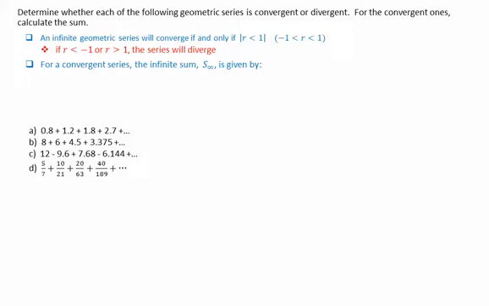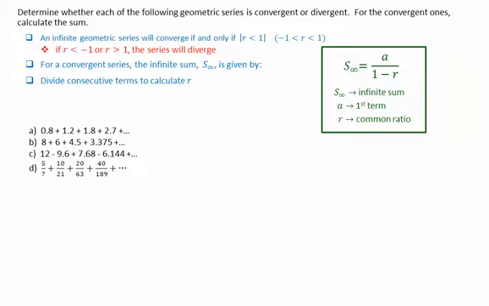For a convergent series, the infinite sum, S infinity, is given by the formula S infinity equals A over 1 minus r. S infinity is the infinite sum, A is the first term, and r is the common ratio.